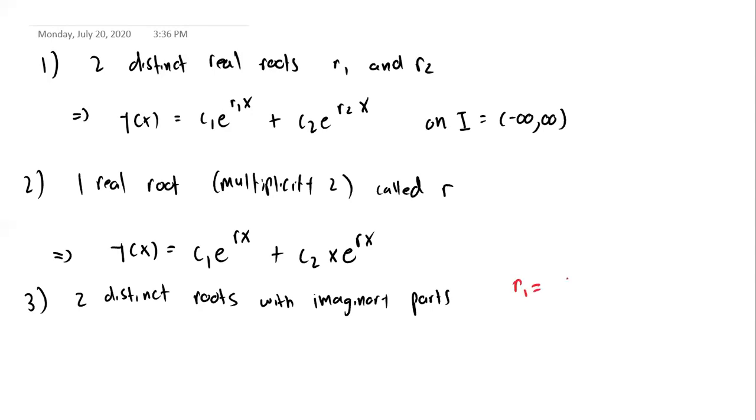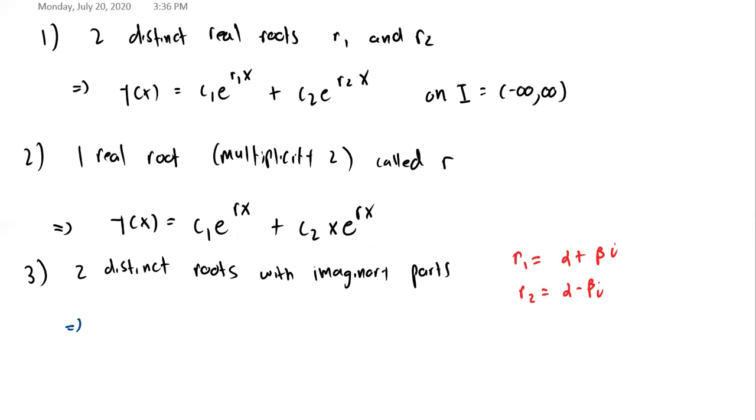Remember that you can always write them like this, where alpha and beta are real. Then what's the general solution? Well, the general solution is C1 e to the alpha, so the real part, cosine of beta x, sorry, I don't want to forget the arbitrary constants.